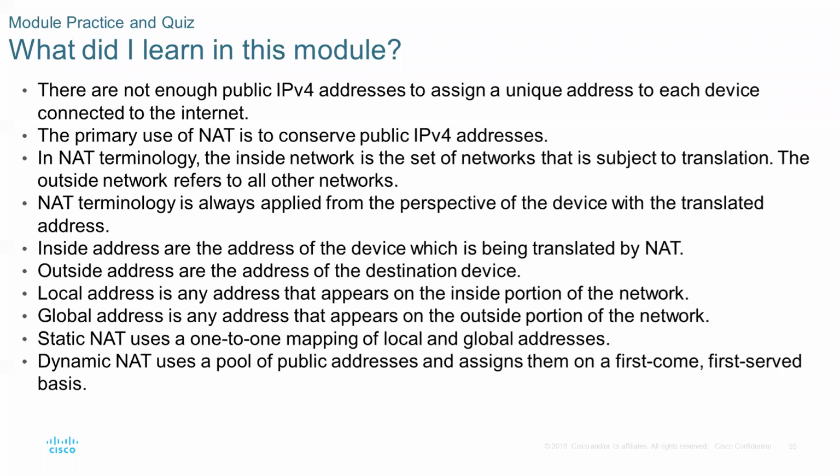Basically, inside is referred to as what addresses we want to translate. Outside is the public addresses, our destination. Then you have local and global. The local is the inside portion of your local network address space, and the global is the address space that the outside world sees.